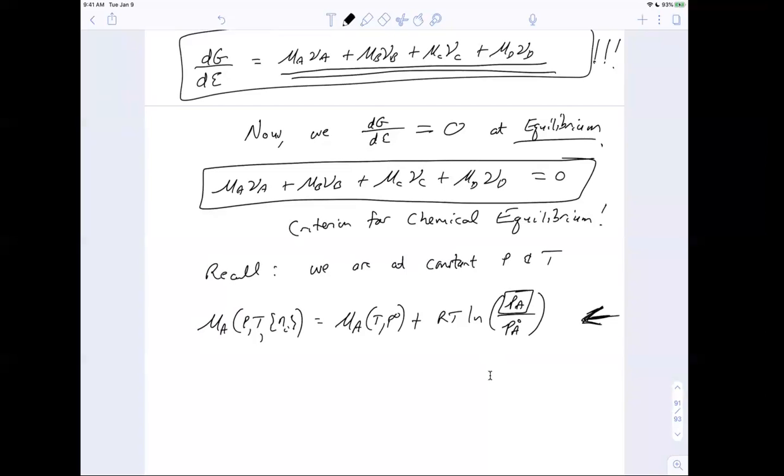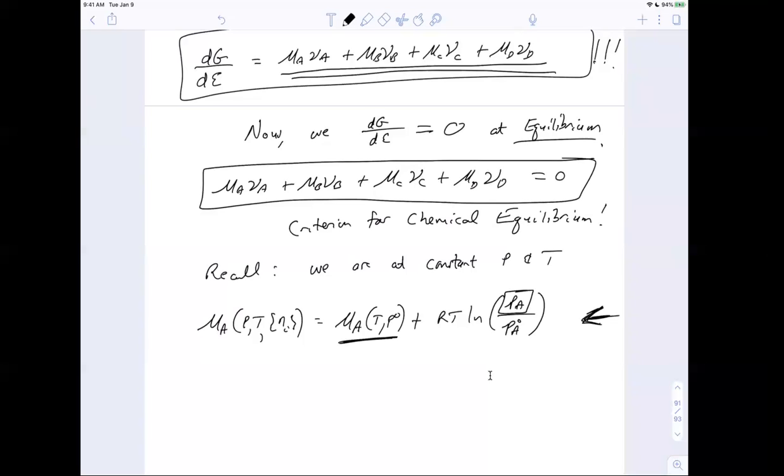Okay, and P sub A superscript 0, which is in the denominator in the argument of the log, is just the pressure of A in its pure state at temperature T and pressure P sub A superscript 0. Okay. And this corresponds to the chemical potential of pure A at the conditions indicated in the parentheses.